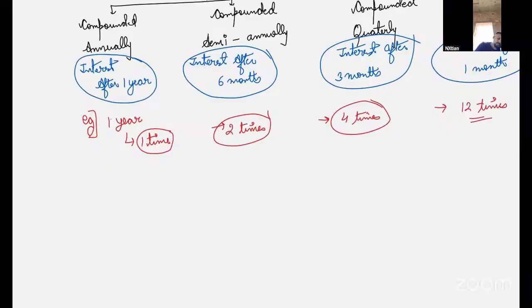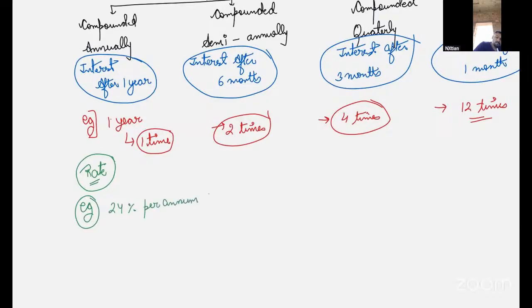Now the most important thing is what about the rate? In many questions it is written as rate 12% per annum or 24% per annum, and then you have to calculate compounded annually or semi-annually, whatever they ask. So remember, the rate will also change. For example, please pay attention, 24% per annum.